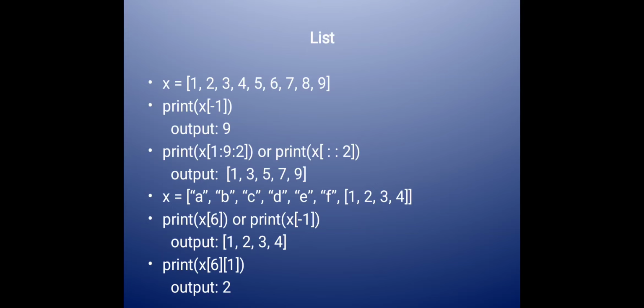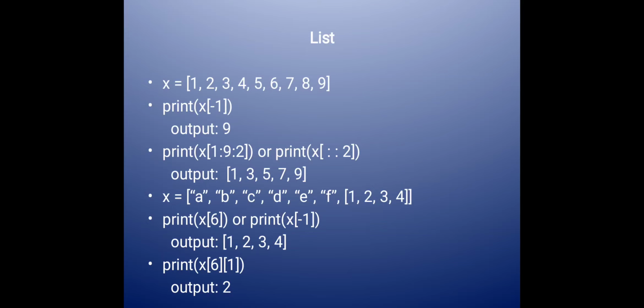That means here the start value is 1, the stop value is 9 and the step value is 2. In the second print function, print x colon 2, the step value is the same in both cases, but in the second print function we have not considered the start and stop index. So what will happen?